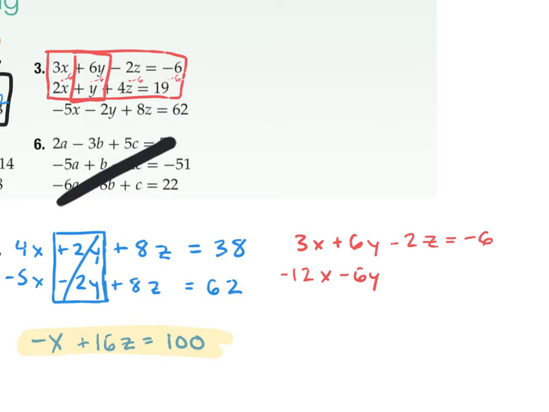Negative 24z. And what is 19 times negative 6? See, 19 times negative 6. So we're multiplying. Negative 114.